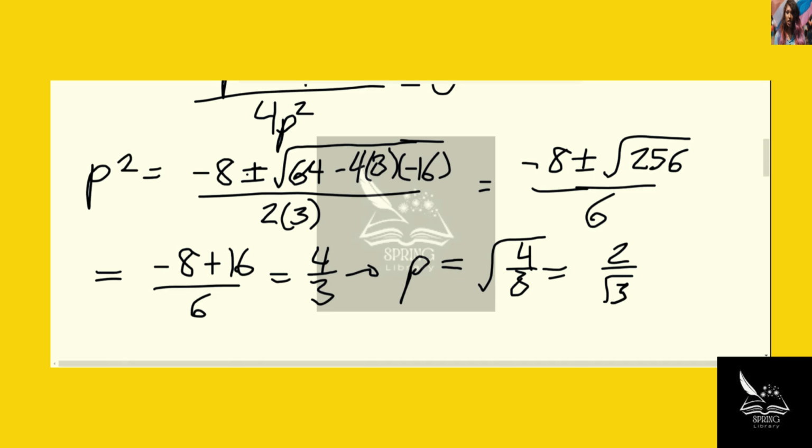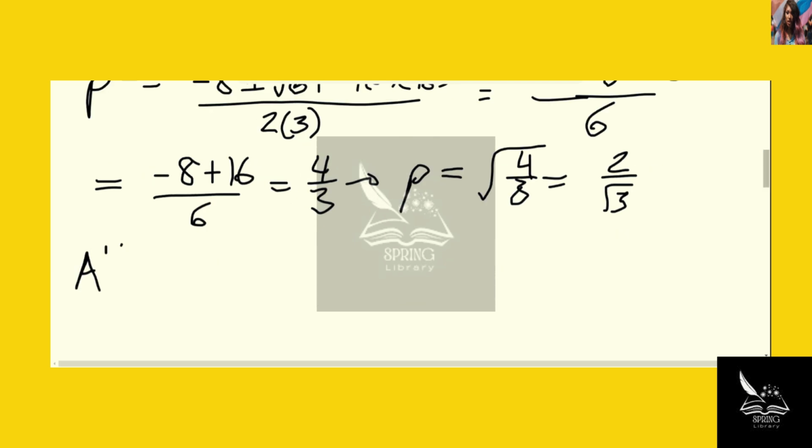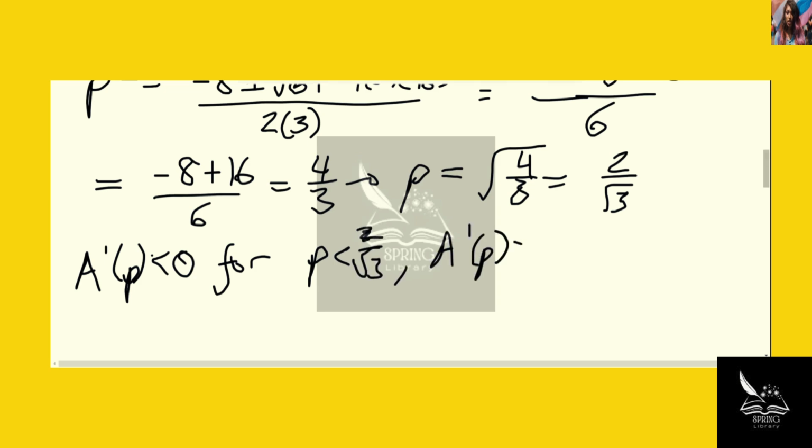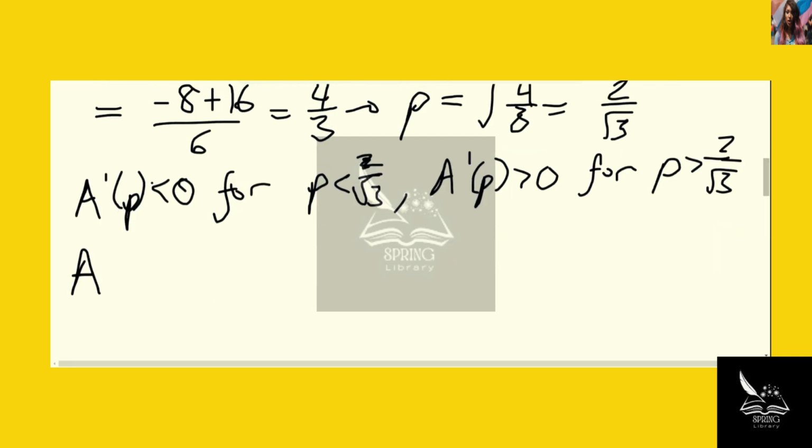Now, of course, if you test A prime on intervals to either side of 2 over root 3, you should find that A prime of p is less than 0 for p less than 2 over root 3, and that A prime of p is greater than 0 for p greater than 2 over root 3. And by the first derivative test, it follows that A has a minimum at p equals 2 over root 3.